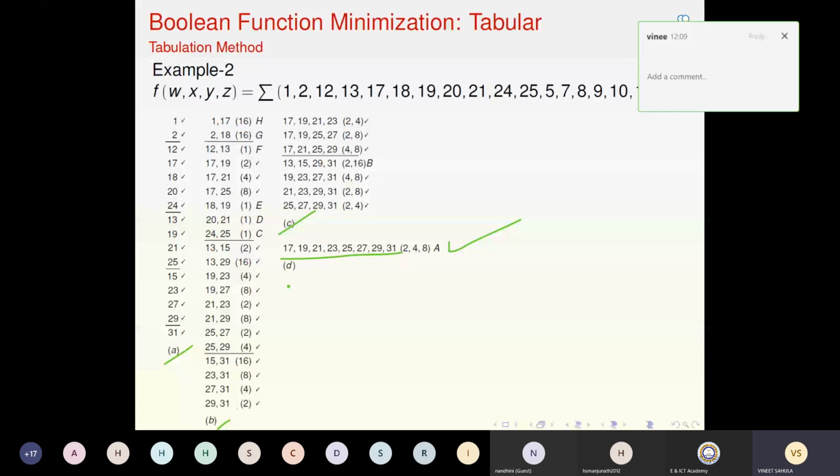That will be an essential row. Nobody else covers it. And then you can reduce the problem and solve it iteratively. This is phase 2. Right? We'll cover this covering problem exactly and approximately in phase 2.